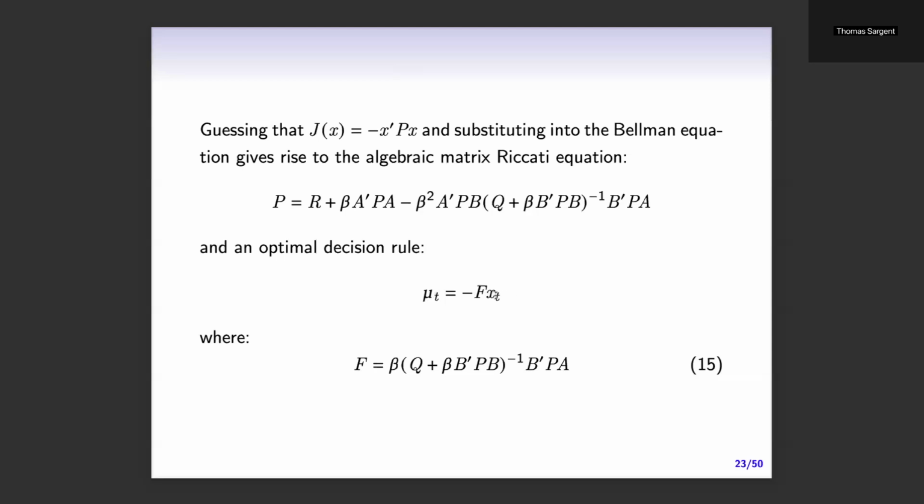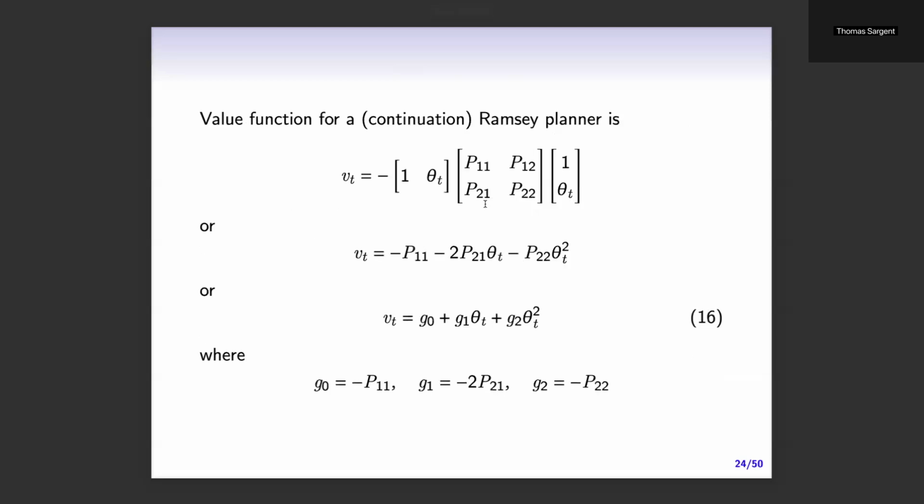This is just linear control theory, dynamic programming, and f is going to look like this. We get almost a closed form formula for f. Almost, I say, because we have to solve this Riccati equation, but Python does that easily. And then we get this value function vt that looks like this.